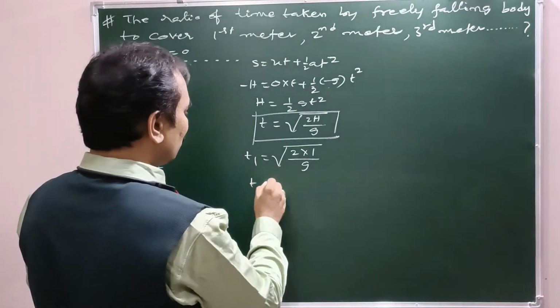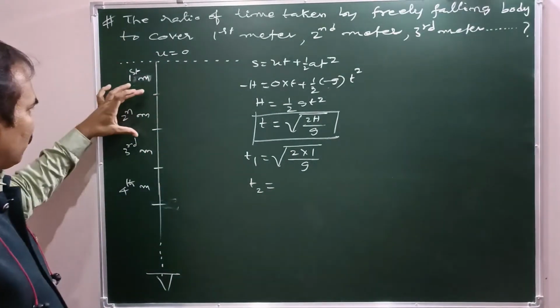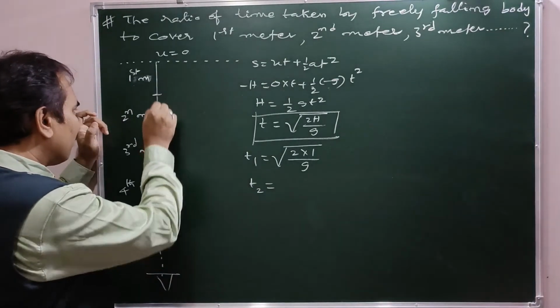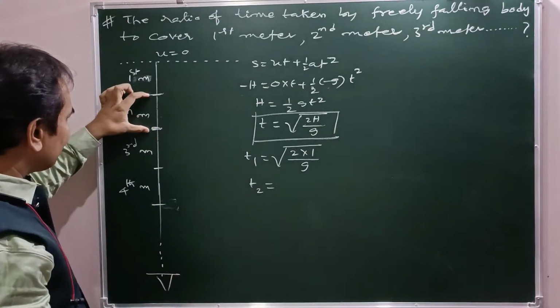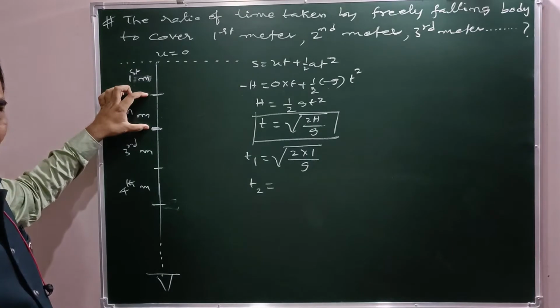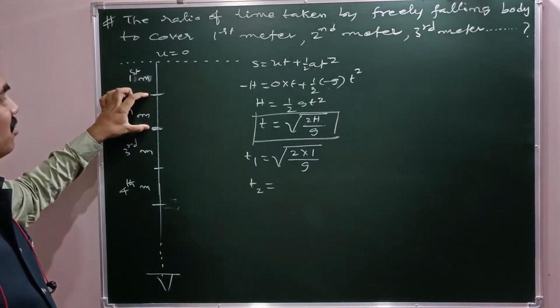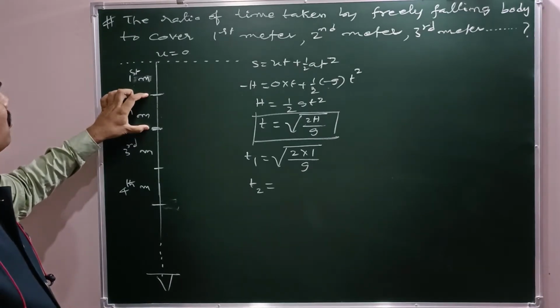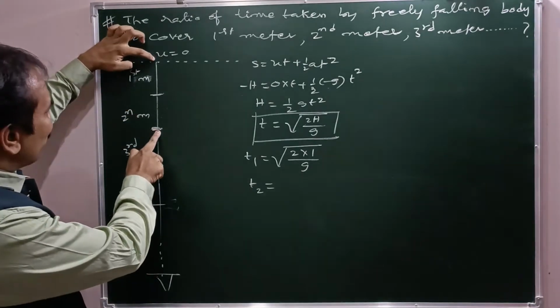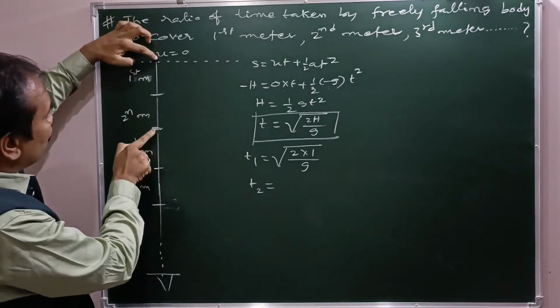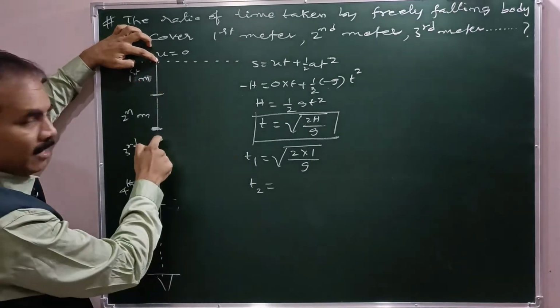Now t2. How to get t2? Time taken to cover second meter. Means that is from here to there. This is the distance through which body covers second meter. Now, what is the time elapsed for that covering? Means time taken to cover total 2 meters minus time taken to cover first meter.